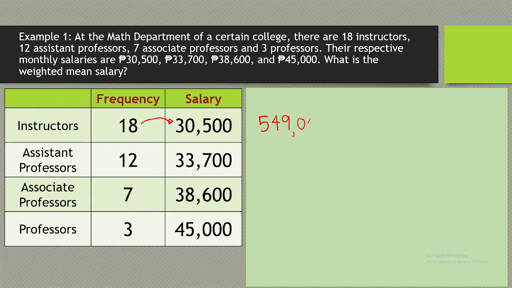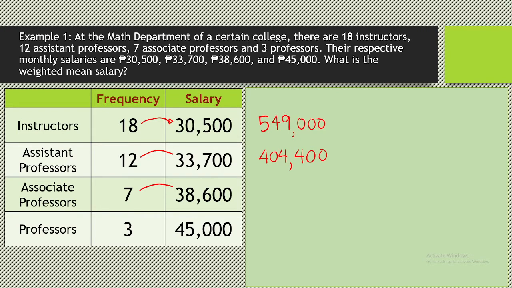549,000 for this. The same thing, multiply 12 and 33,700. You will get 404,400. The same thing, multiply 7 and 38,600.